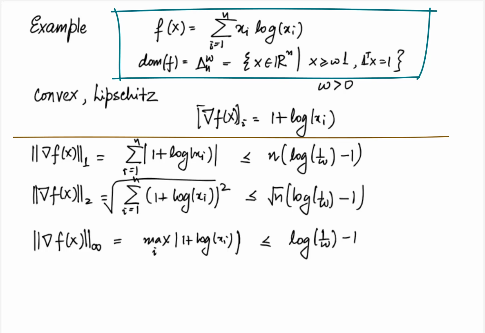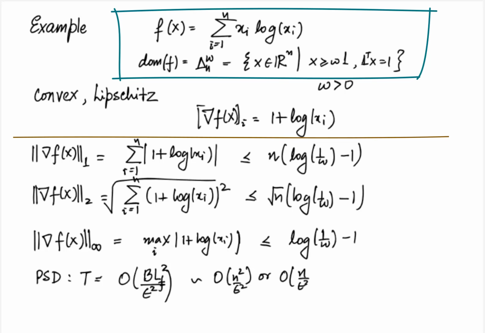Recall that the complexity of projected subgradient descent was order B LF square by epsilon square. Now if the problem is high dimensional and we are using classical projected subgradient descent, then the oracle complexity would increase with n square or n. The problem is in fact ill conditioned for large n because the LF square term in the oracle complexity will dominate.